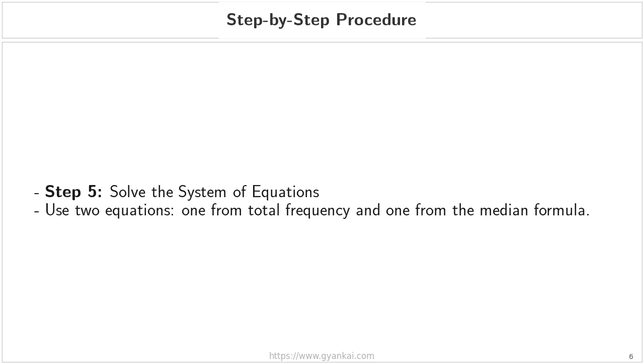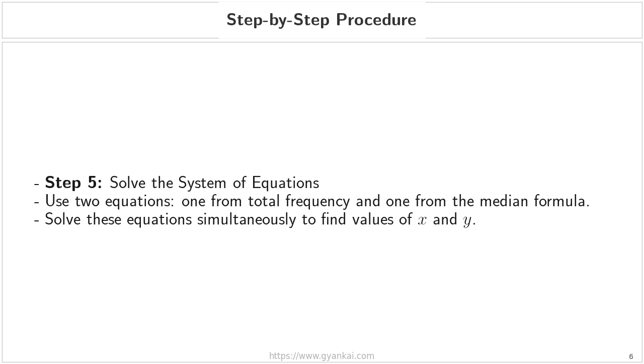Step-by-step procedure. Now that we have used the median formula to find our first unknown, we move to the final step of our procedure. Step 5 is to solve the system of equations. Remember, up until this point, we have been building two separate mathematical statements. The first one comes from the total frequency, and the second one comes from the median formula we just applied.